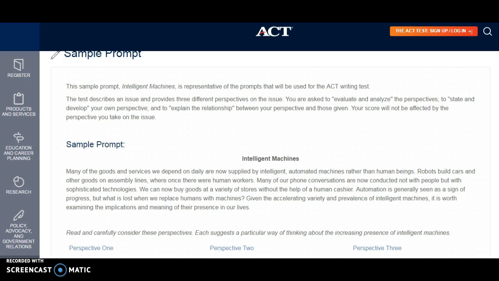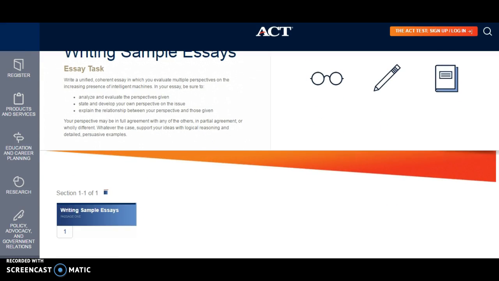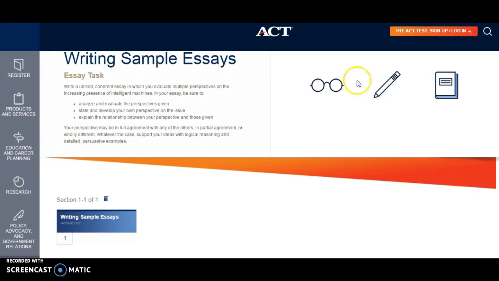For example, again, it's kind of a long prompt with a lot of those keywords, so that's why it's important to break it down for yourself. And the same thing with the ACT, but a different type of essay. They want you to evaluate multiple perspectives on an issue.